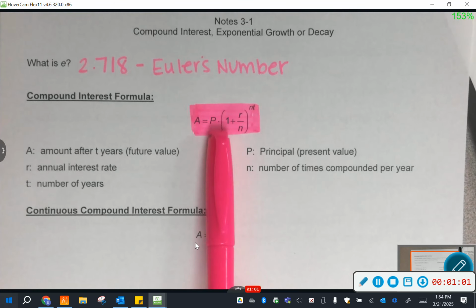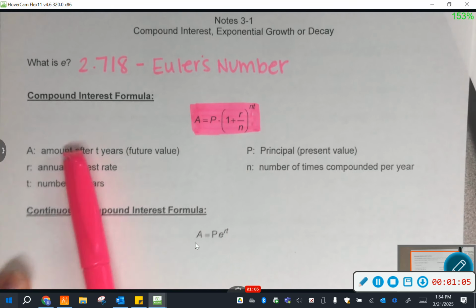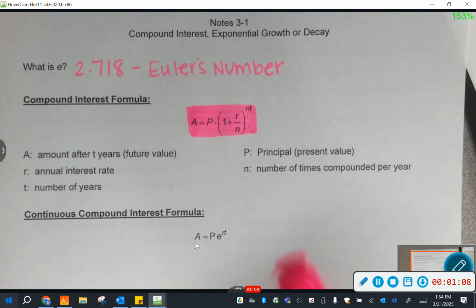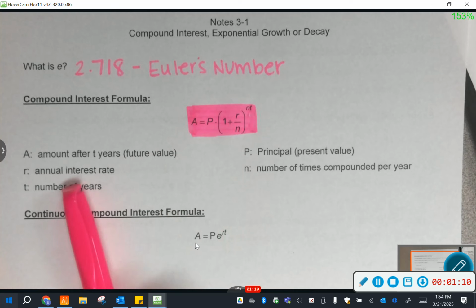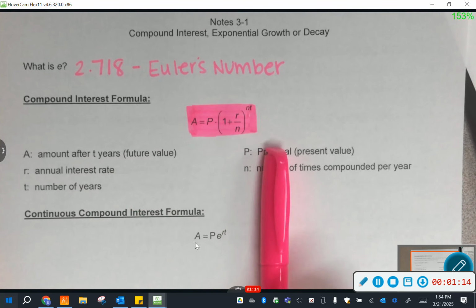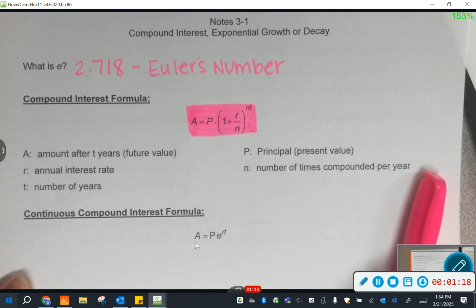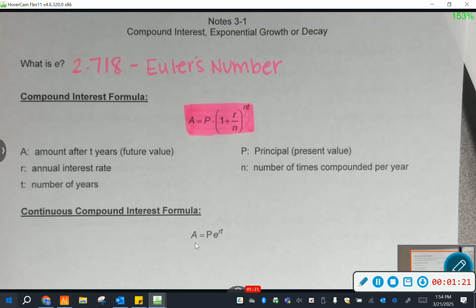P is the principal, your present value. How much is currently sitting in the account? A is how much is in the account after you do this, after 2 years. R is your rate, your annual interest rate. N is the number of times you compound per year. And T is the number of years.